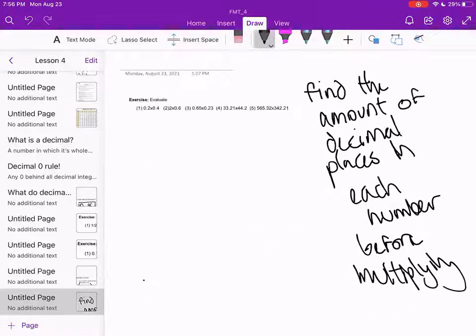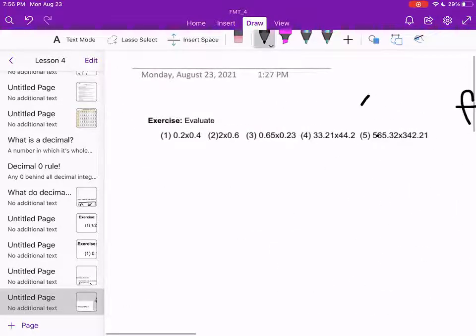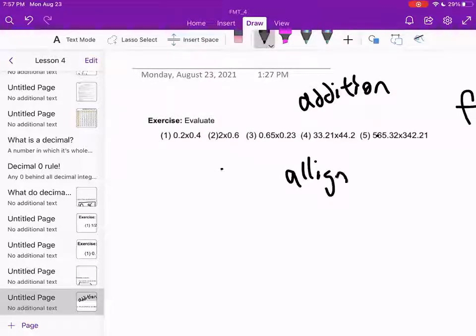Okay. Finally, we're going to go over multiplication. So this is particularly hard. Unlike addition, you do not have to align the decimals.